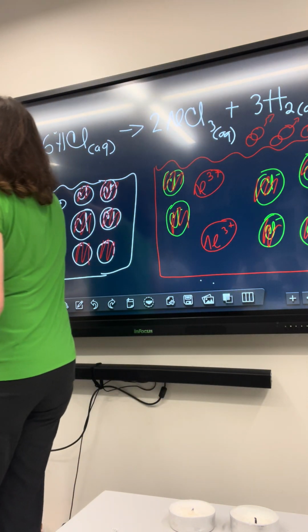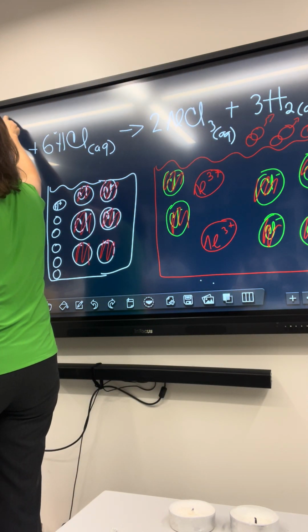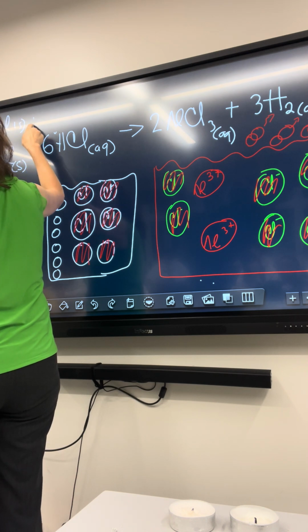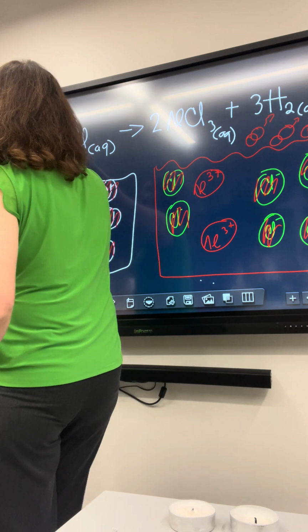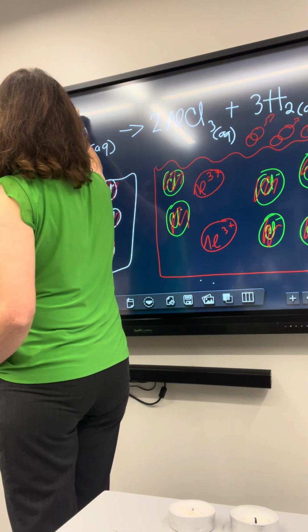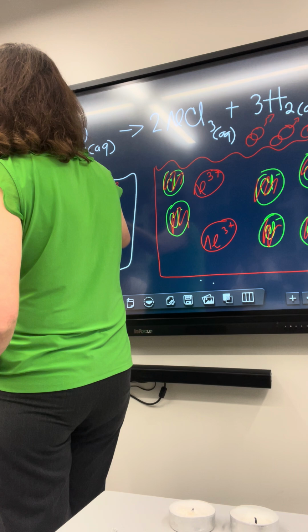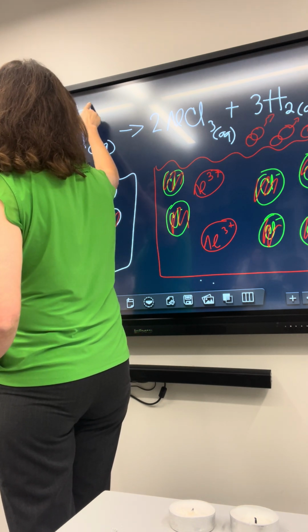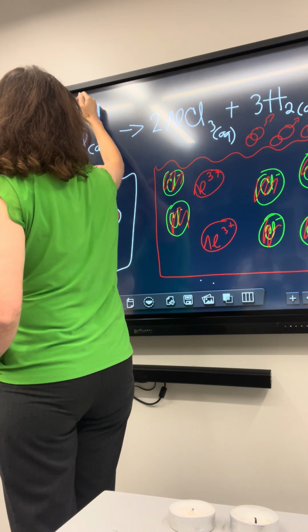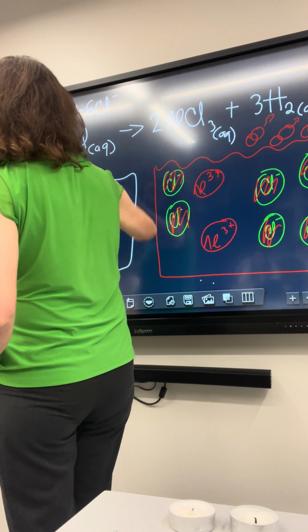I'm going to have 2 aluminums that are solid plus 6 hydrogen ions, and then 6 chloride ions. That's what I have here.